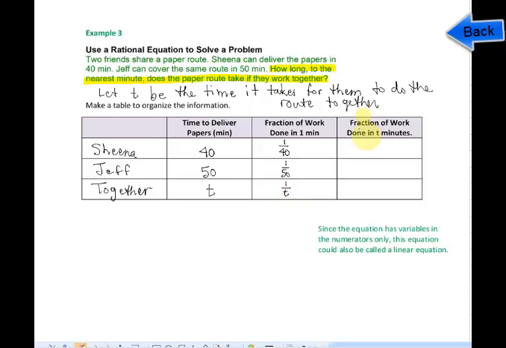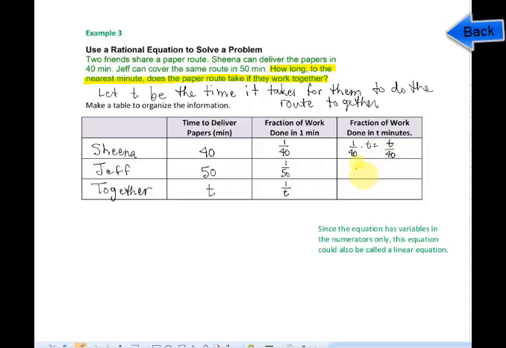Okay, so the next thing we want to ask ourselves is what fraction of the work is done in t minutes? That's the time that they do it together. Well, if 1 minute is 1 over 40, then to find out the fraction for t minutes, we have to multiply. So 1 over 40 times t gives us t over 40.